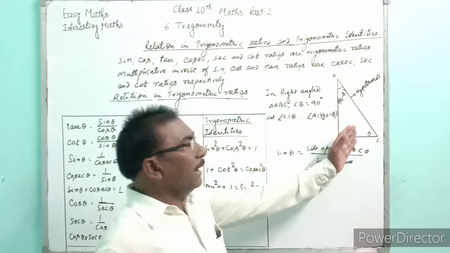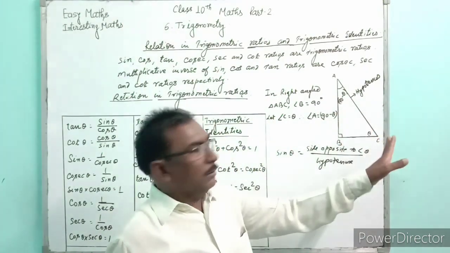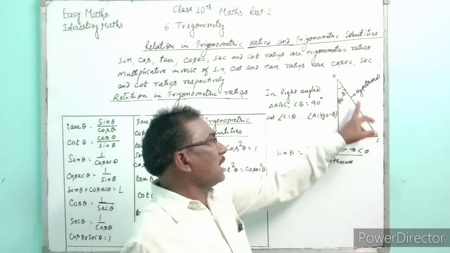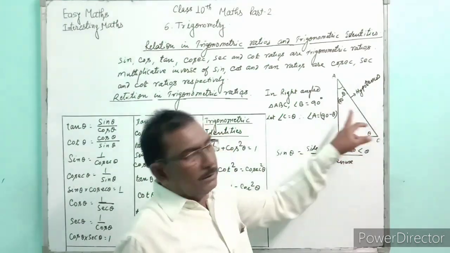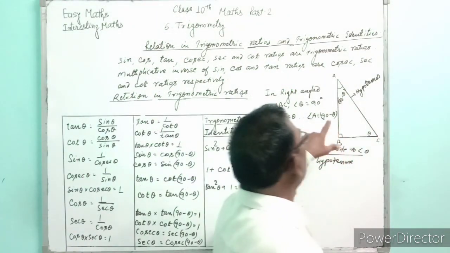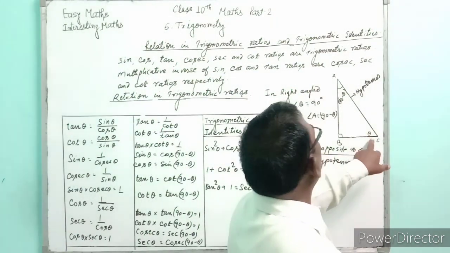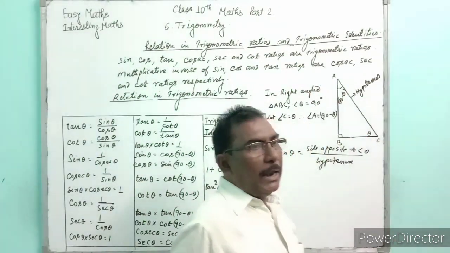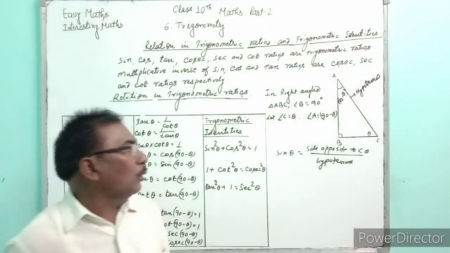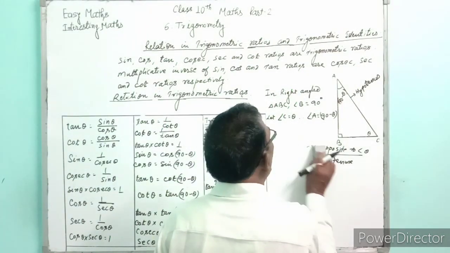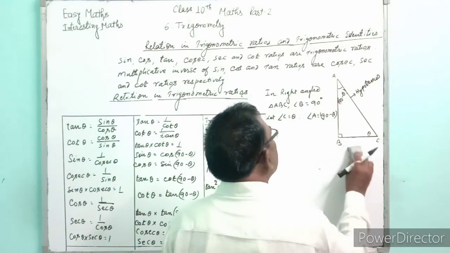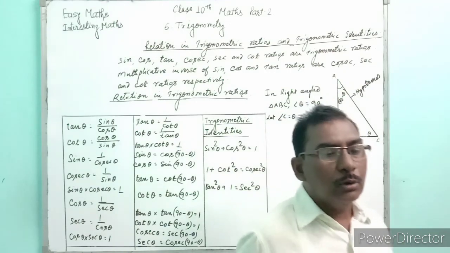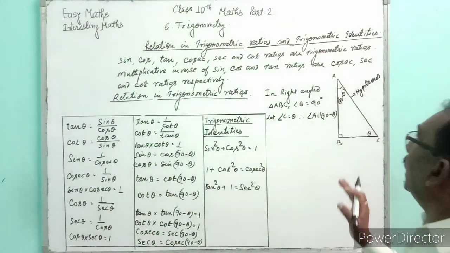In this right angle triangle, this is angle theta, this is hypotenuse, because this is side opposite to right angle in this given triangle. Opposite side to angle theta is AB and BC is the adjacent side. So, you know how to find sine ratio, cos ratio, tan ratio, cosec ratio, sec ratio and cot ratio.